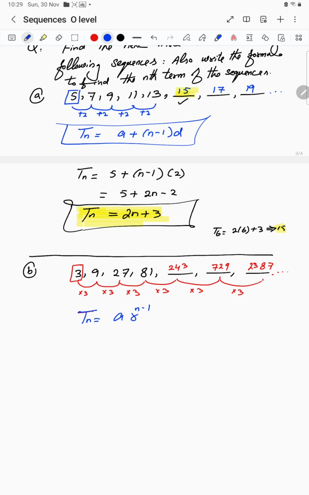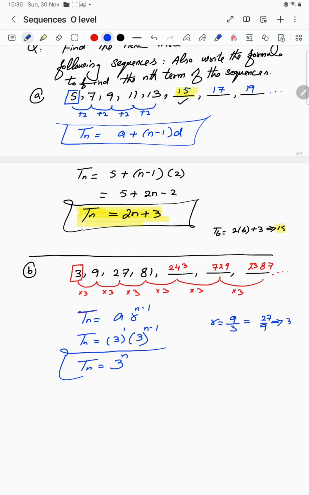Here r is the common ratio, a is 3, and r is the second term divided by the first term, or third term divided by second term. It will remain the same throughout. So r is 3, so 3 raised to power n minus 1, times a which is 3, so by using the indices rule, Tn is equal to 3 power n. So this is the general formula.